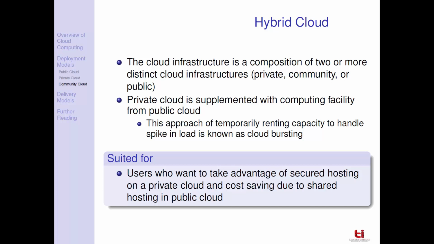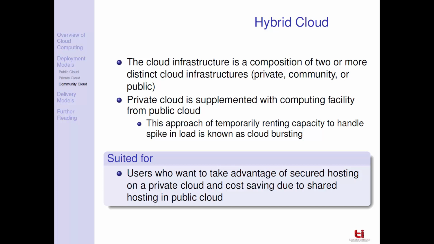Private cloud is supplemented with computing facility from a public cloud. So let us first understand this. What does a hybrid cloud mean? Let us suppose that there is an organization which has very sensitive data. So they have their data center in place on the premises, which is maintained, managed, and owned by them. That is, they have a private cloud.